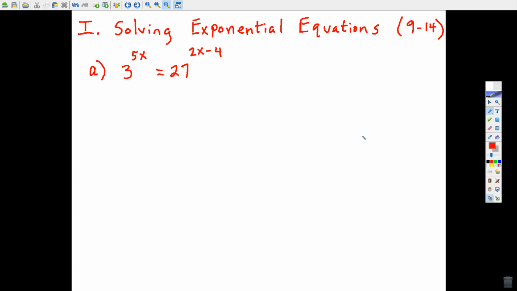It's great that you understand how to do this technique called the common base technique or process. And after we've done a few, you'll understand why we're calling this the common base process or technique.